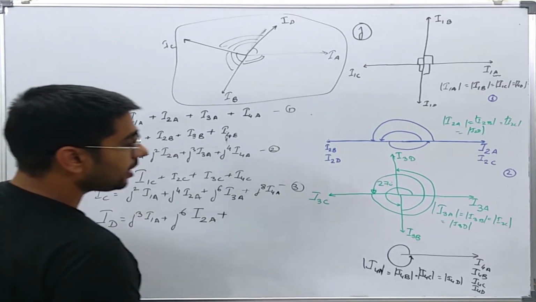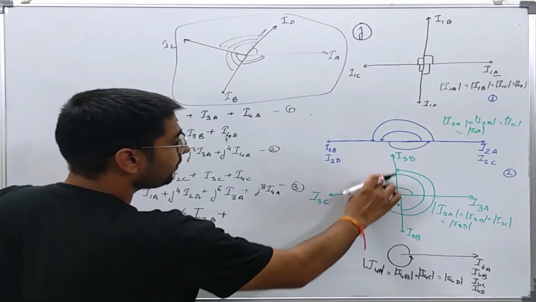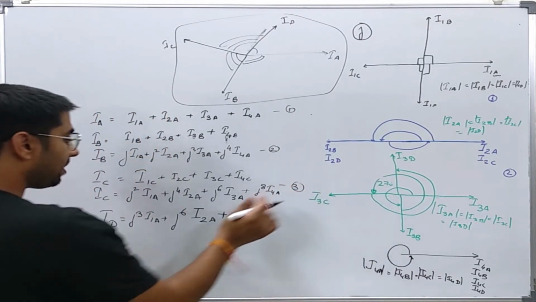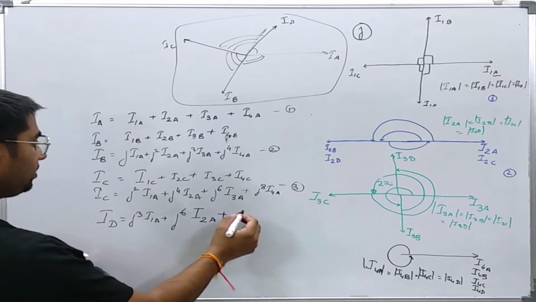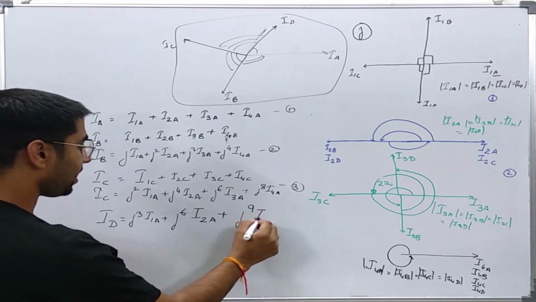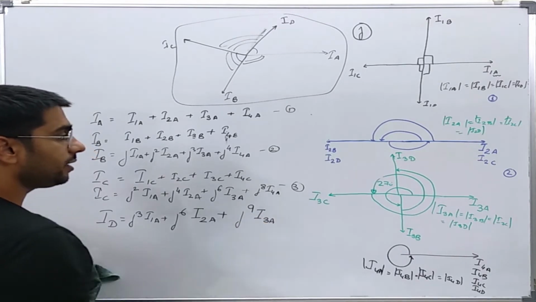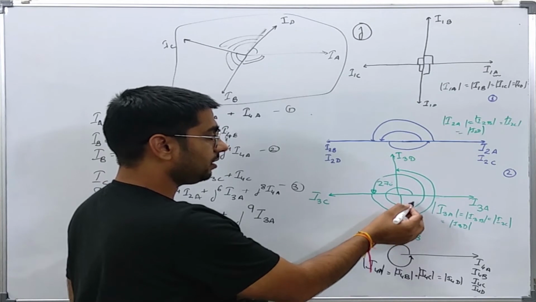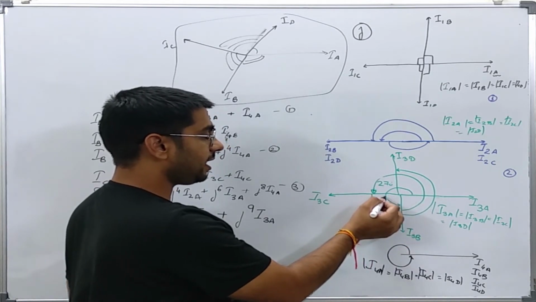Now I3D. What can it be written as? It can be written as J9 times I3A. What is J9 times? 3 times here, 3 times here, and 3 times here.